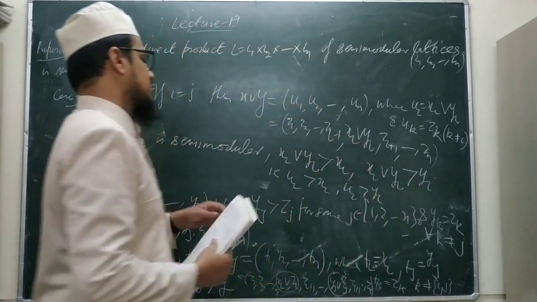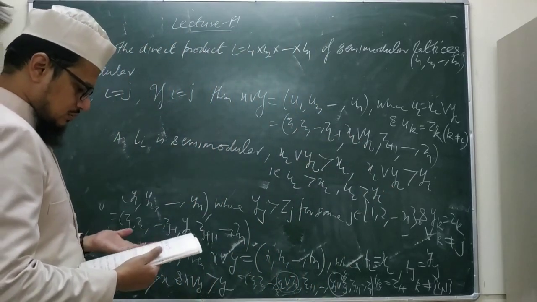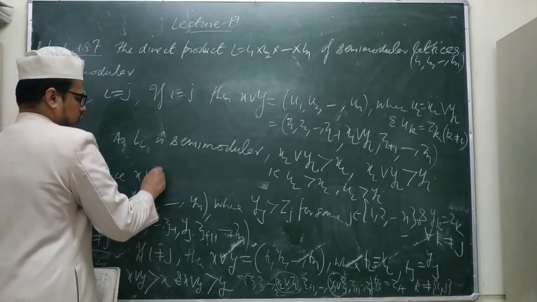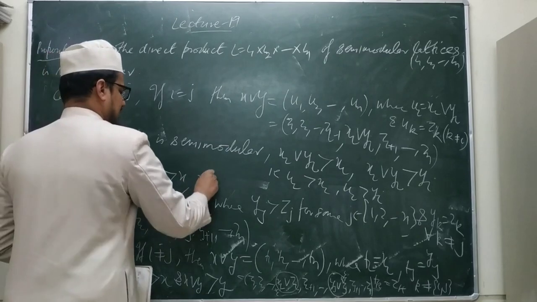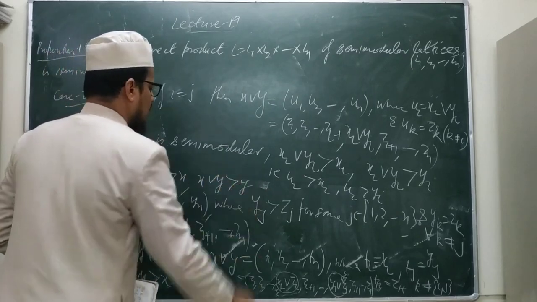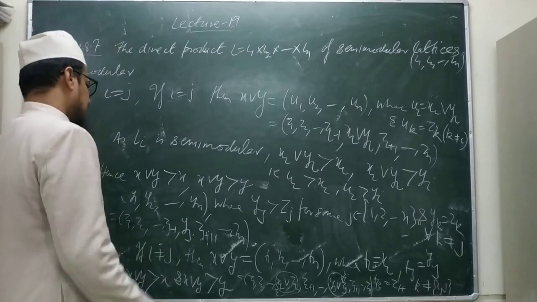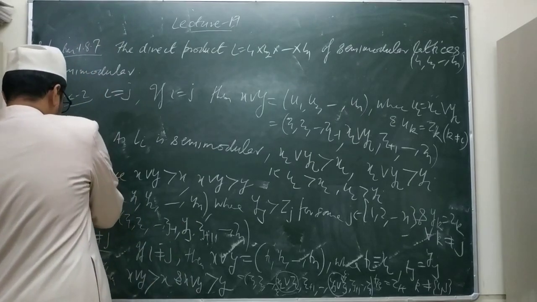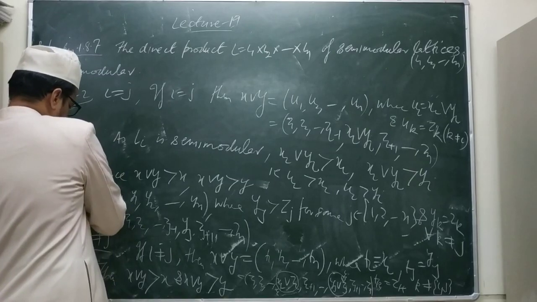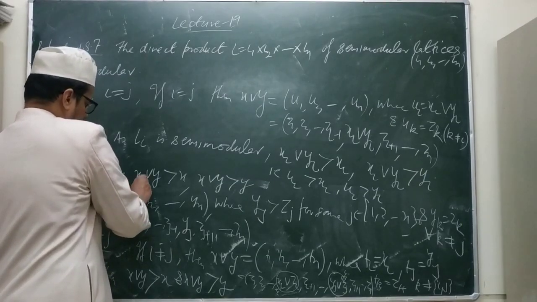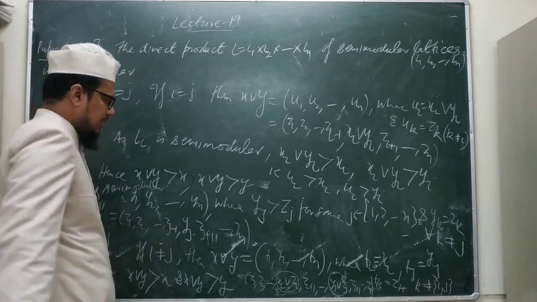So when ui covers xi and yi, it means hence x join y covers x and x join y covers y, isn't it? So it implies that L is a semi-modular lattice, correct?